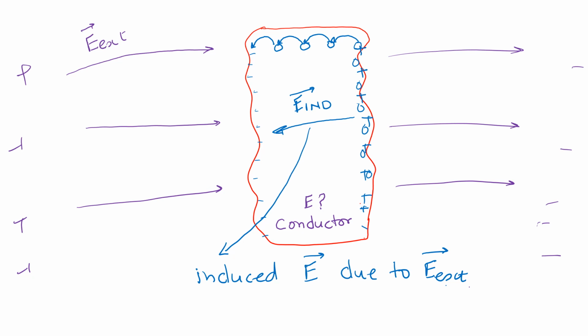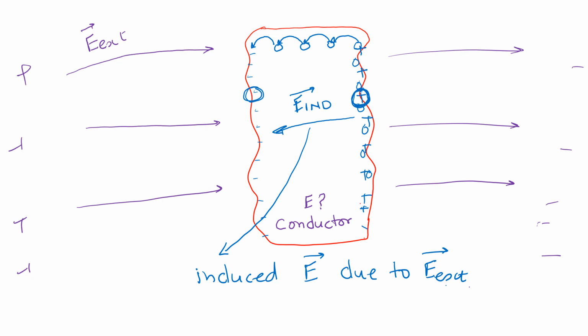So this field inside the conductor is being induced by the external field, and that field is actually opposing the external field. It is going from the positive on the back side of the conductor to the negative on the front side. The back side is acting like a fan, the front side is acting like a vacuum. That induced field is flowing in this direction.